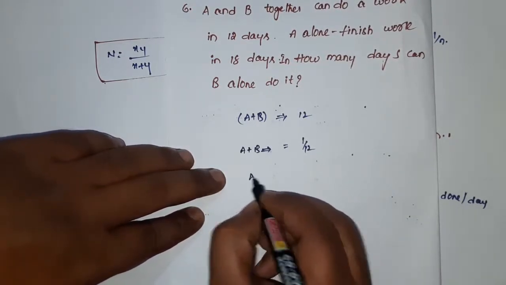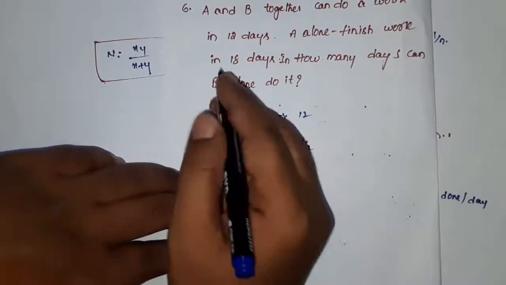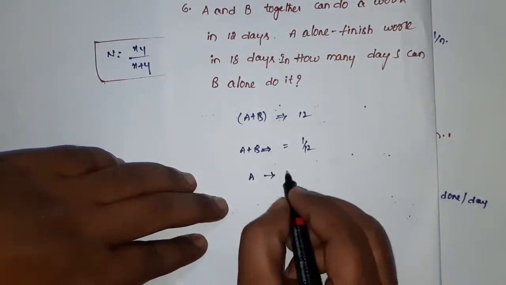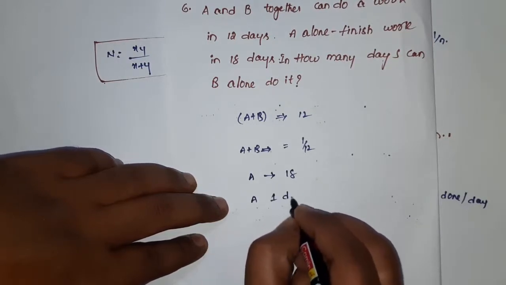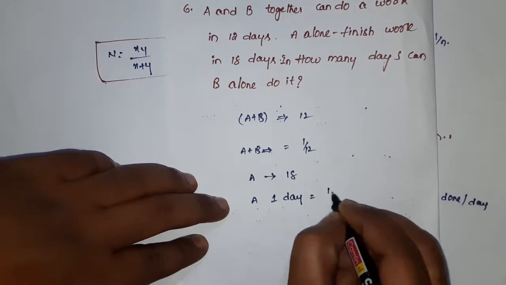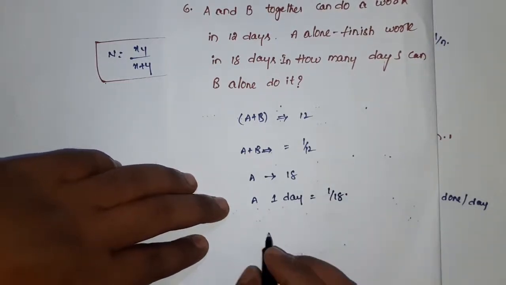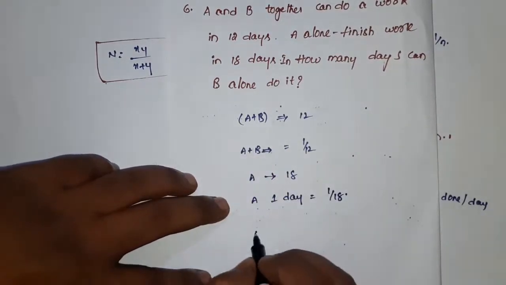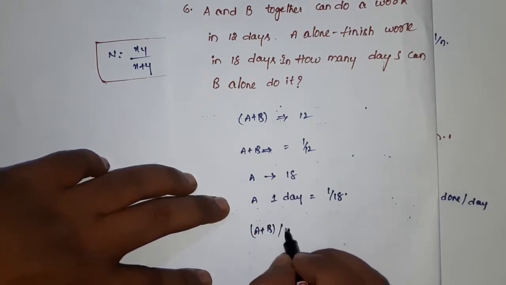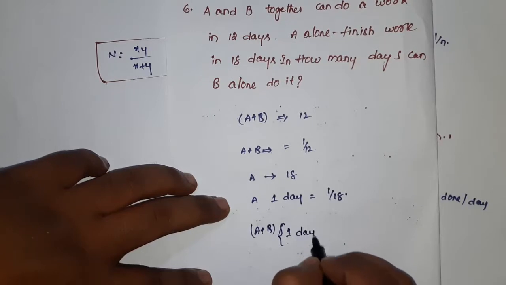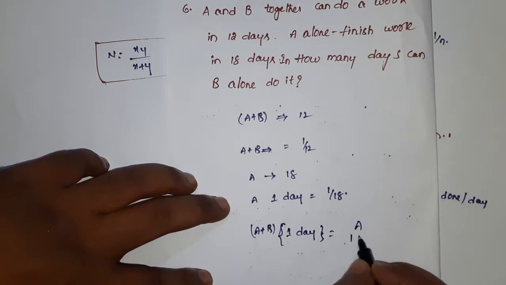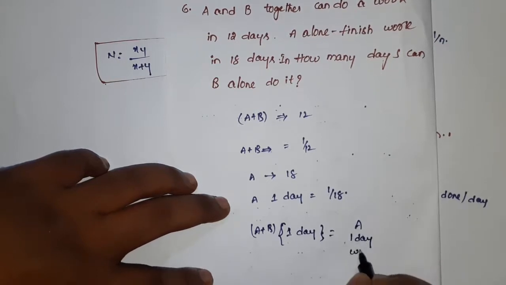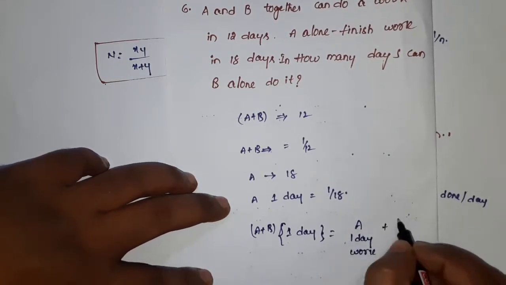A alone works for 18 days, so the work done by A in 1 day is 1 by 18. So what is the relationship? A plus B 1 day work equals A 1 day work plus B 1 day work.